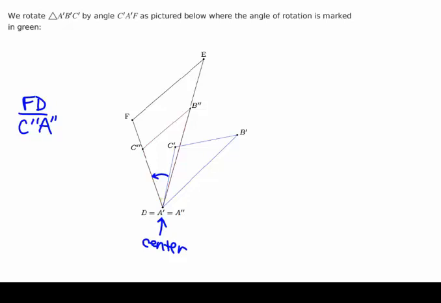And so when we dilate by that factor, each of these line segments, A double prime, B double prime, C double prime, are going to grow by this scale factor.